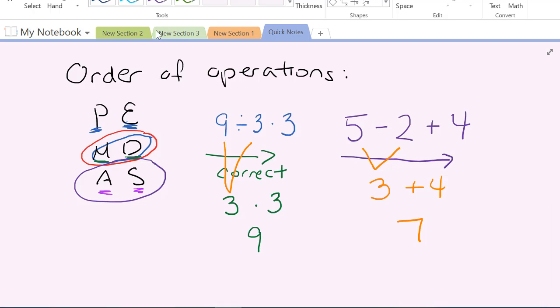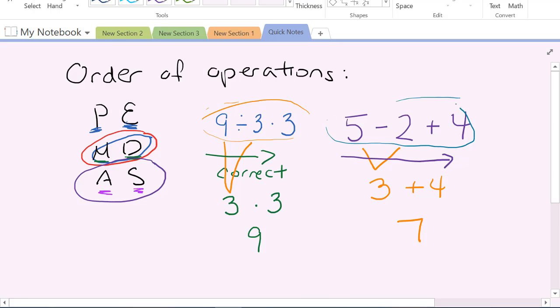If you need to look at this part again, just rewind the video and watch this section again. That's very important. It's a very common mistake. Keep in mind, for multiplication and division, you do whichever one comes first. Addition and subtraction, like in this example, you do whichever one comes first, left to right.